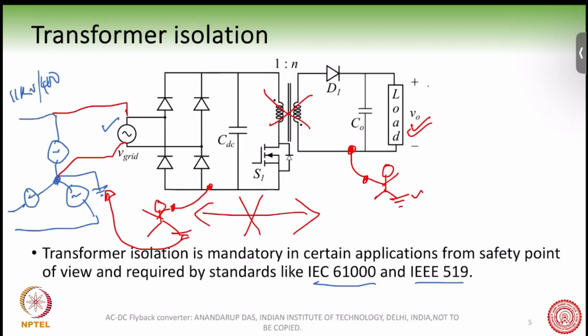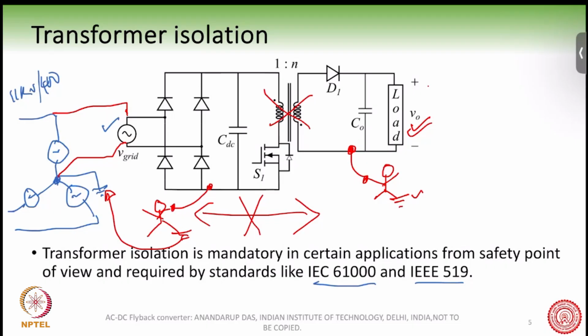Of course, there will be some impedance on the line. But if we do not consider the impedance of the cable, then there is a possibility of a current to flow on the primary.